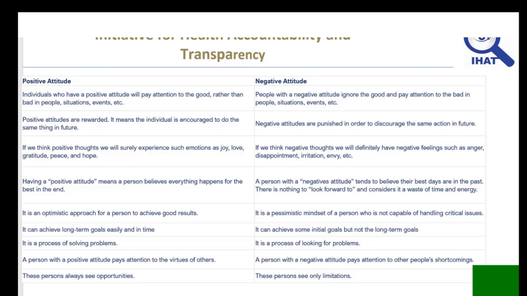A positive attitude is a process of solving problems, while a negative attitude is a process of looking for problems. Persons with a positive attitude always see opportunities, while persons with a negative attitude see only limitations.